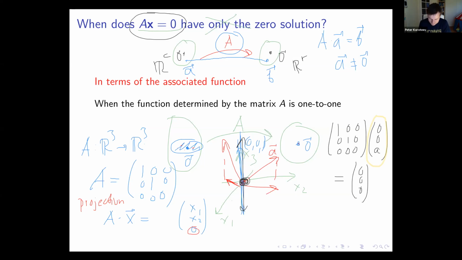Geometrically, it takes the entire x3 axis and projects it down to a point, the origin. Of course, this means the map is not one-to-one. The point 0 here has infinitely many pre-images: every vector parallel to the x3 axis will go to 0. Okay?